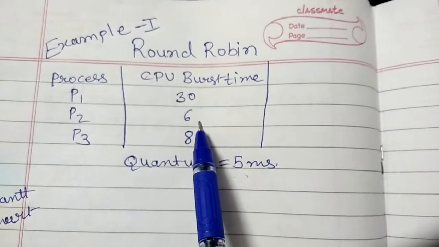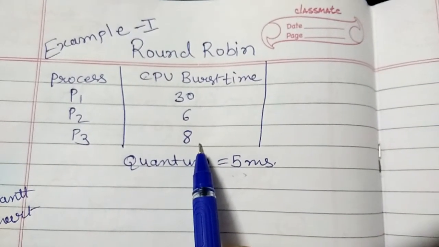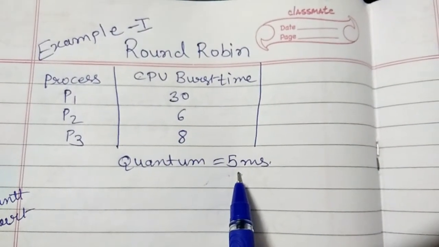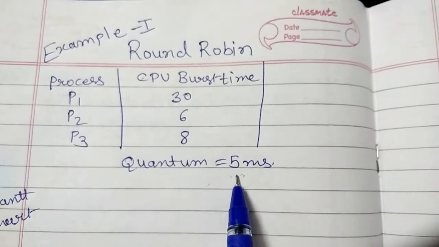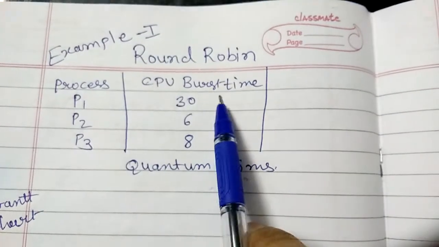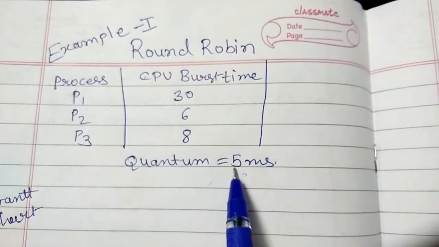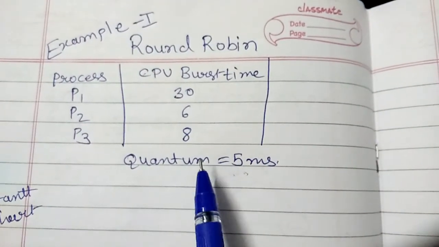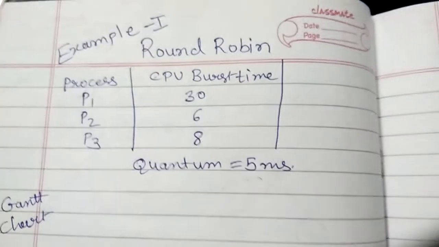So obviously P1 will restart in the next turn. The same applies for P2 and P3 also. Every time they will get only 5 milliseconds, and that 5 milliseconds will be utilized by all three processes to complete their execution, until the total burst time is reached.